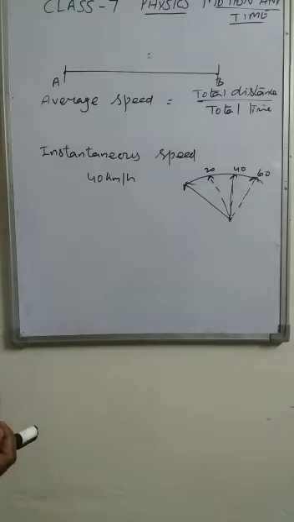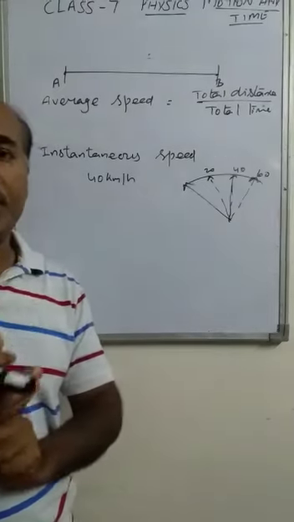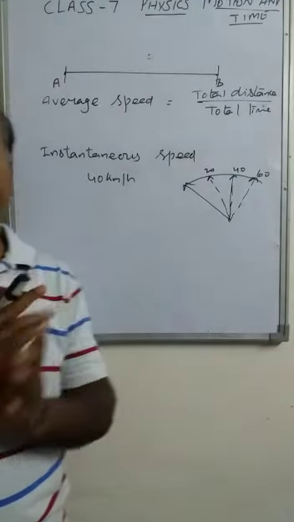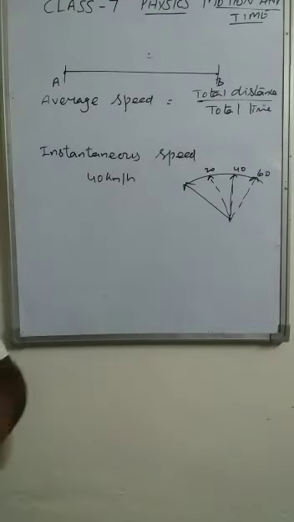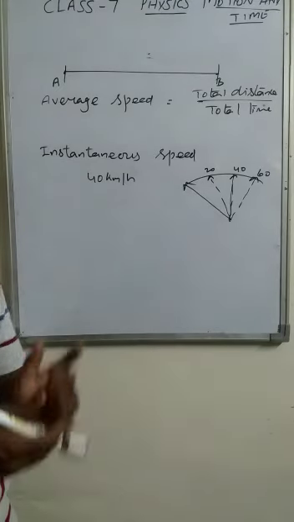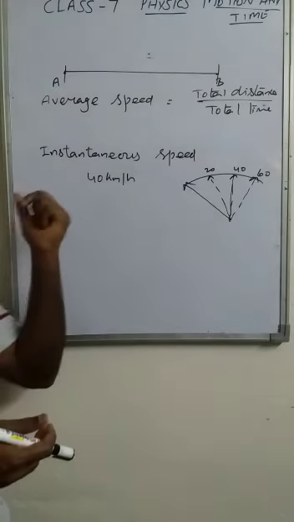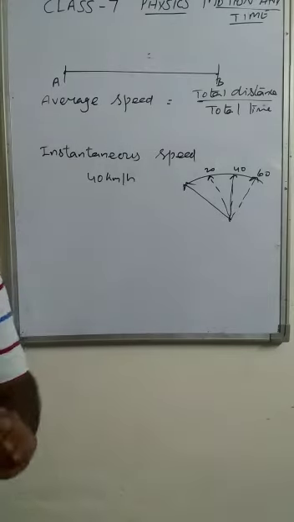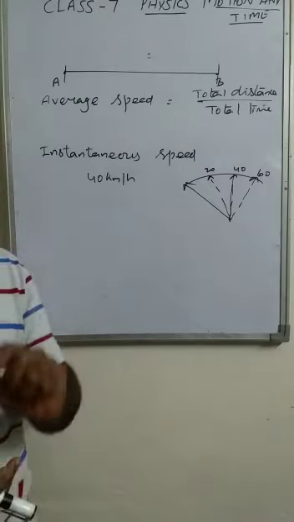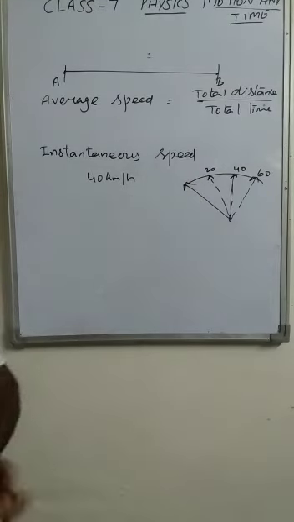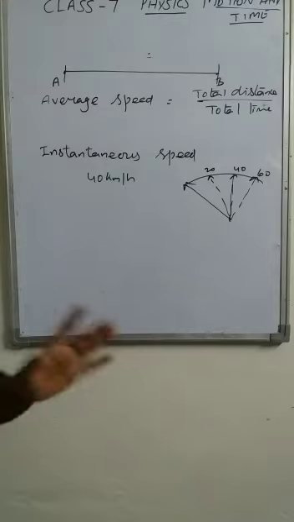So if you talk about the speedometer, it is used to measure the speed of a vehicle. And it shows which speed: uniform speed, non-uniform speed, average speed, or instantaneous speed? Among these four speeds, the speedometer shows the instantaneous speed only. It is not giving uniform speed, non-uniform speed, or average speed.